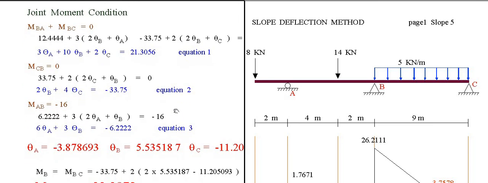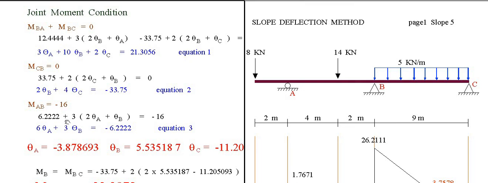Next equation is that the moment AB, or moment at A, is minus 16. There is really a moment at A and it is not equal to 0. The moment at A is 8 times 2, 16, and the actual moment at A is negative. So the moment AB is minus 16, not 0, minus 16.